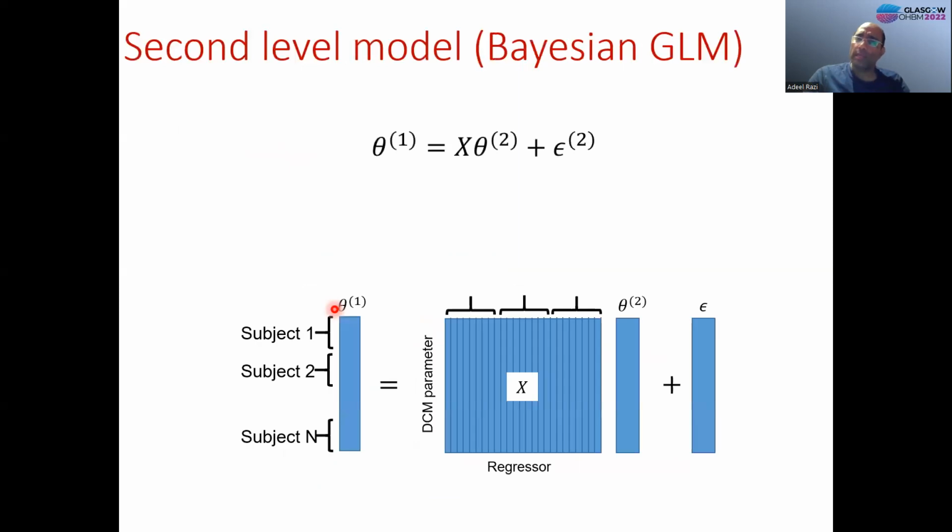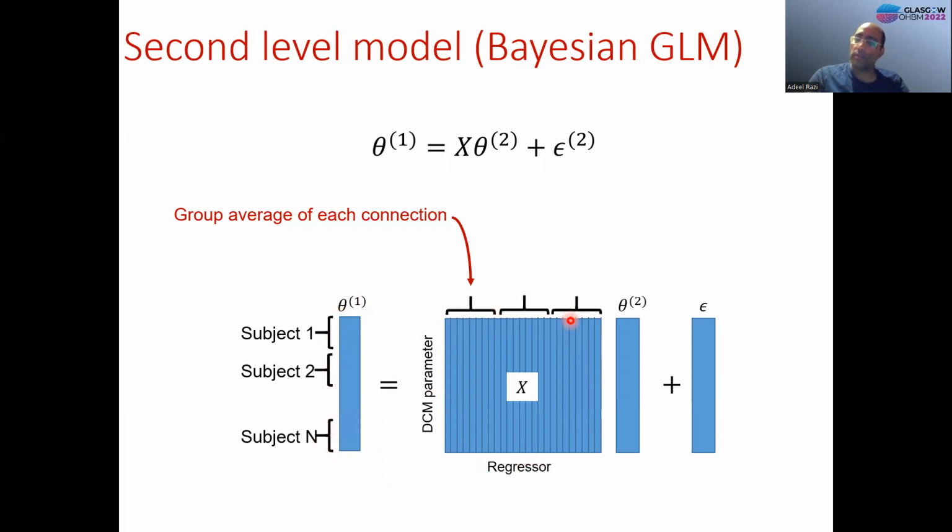So quickly, this is the GLM that I was showing on the previous slide, and this is how this design matrix X looks. You have many subjects, and this is where you concatenate all the subjects' data.